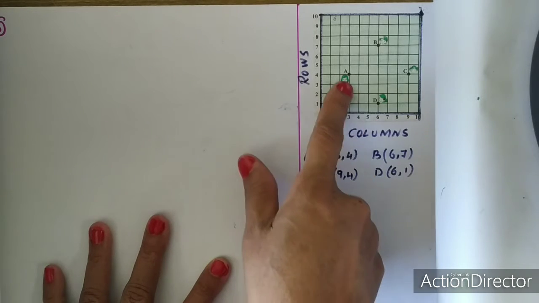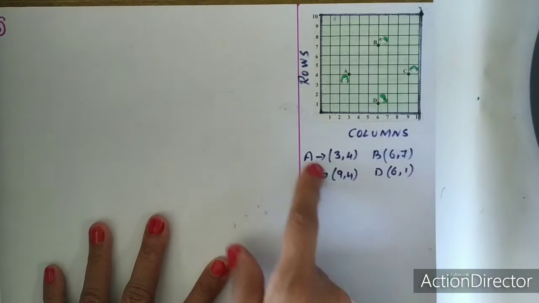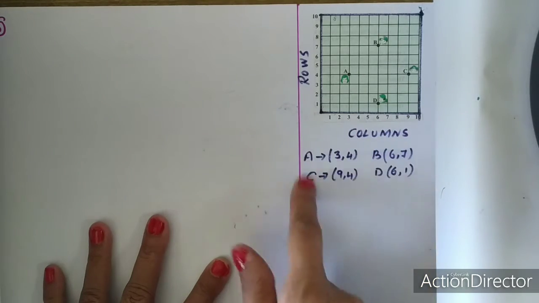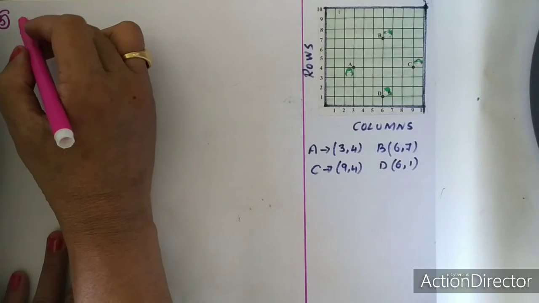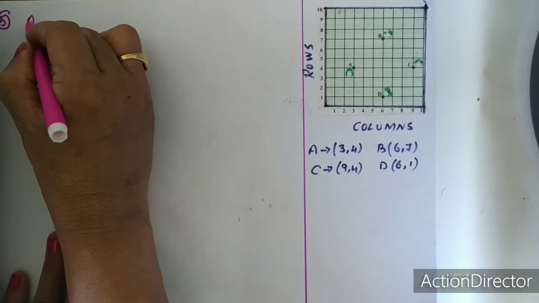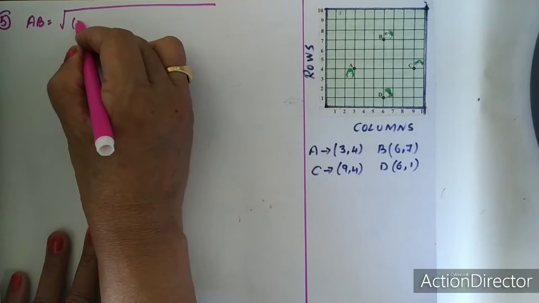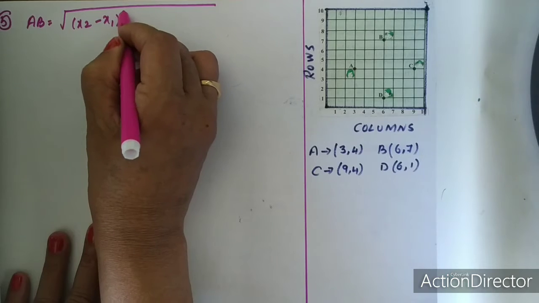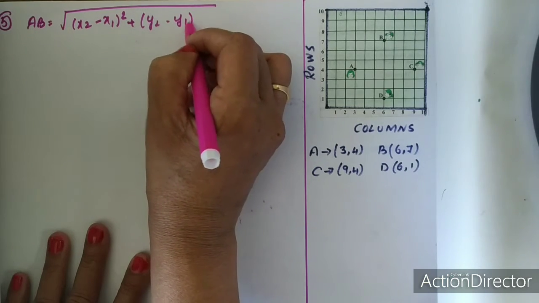So, let us now calculate the distance AB, BC, CD and DA using the given information. So first we will find AB. AB is equal to, you know the distance formula, under root of (x2 minus x1) whole square plus (y2 minus y1) whole square.